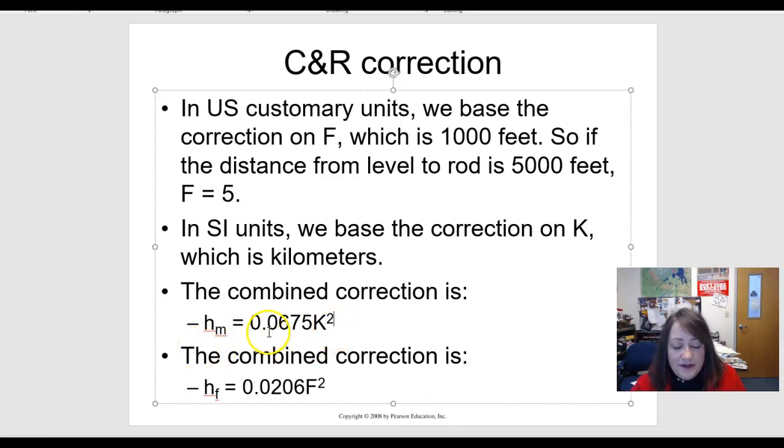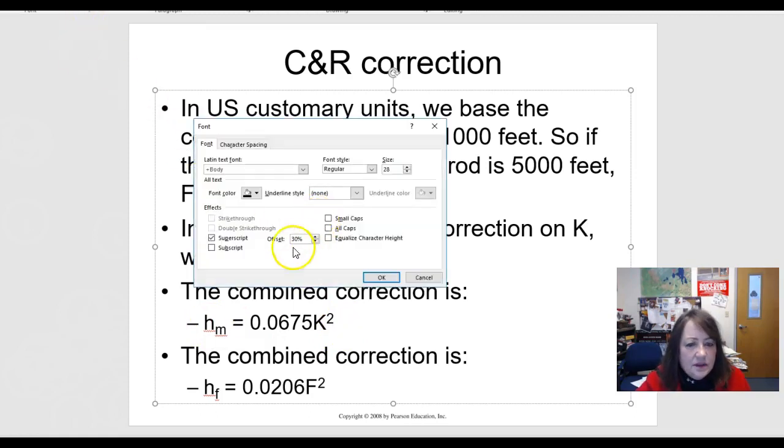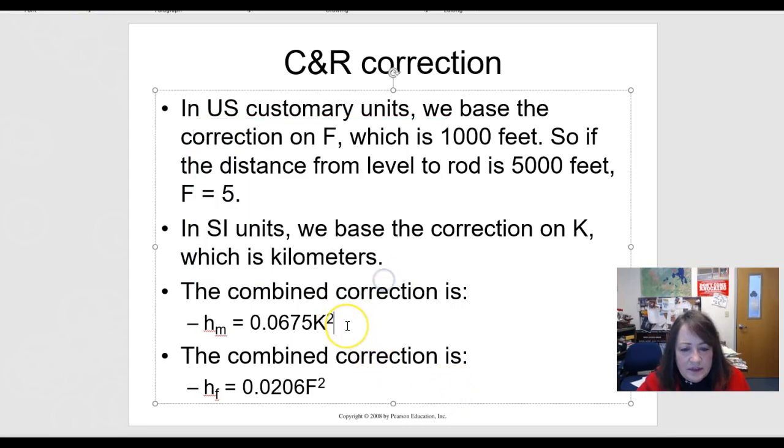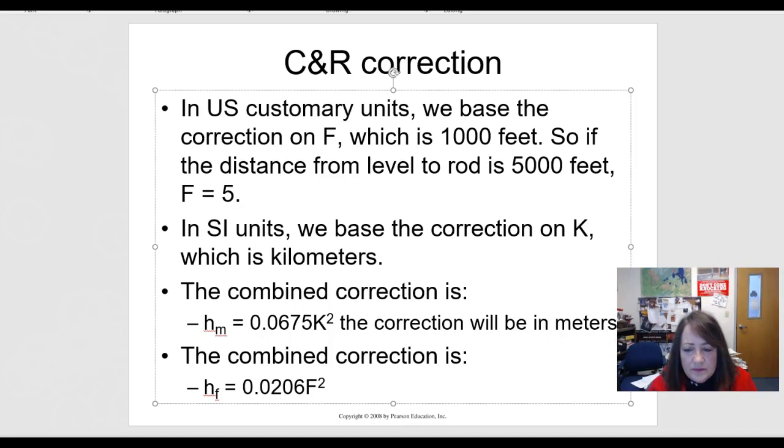It's important to note that the correction will be in meters, not kilometers. So let me write that out here: the correction will be in meters.